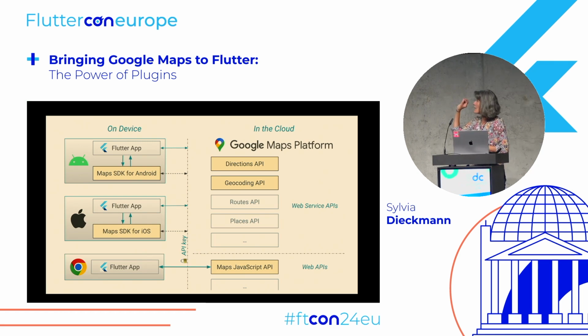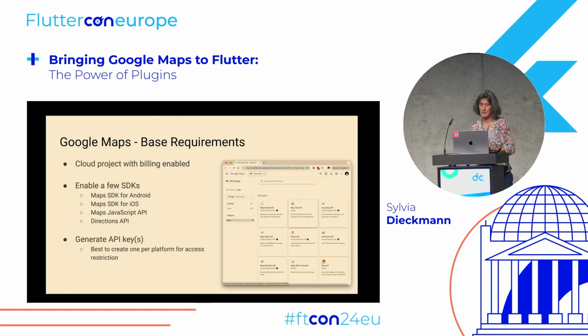What's interesting in this context is that the native APIs for Android and iOS are free to use for me as a Flutter developer. The cloud APIs are charged per click. So anytime you want to build a Maps demo, you have to do a few steps first.